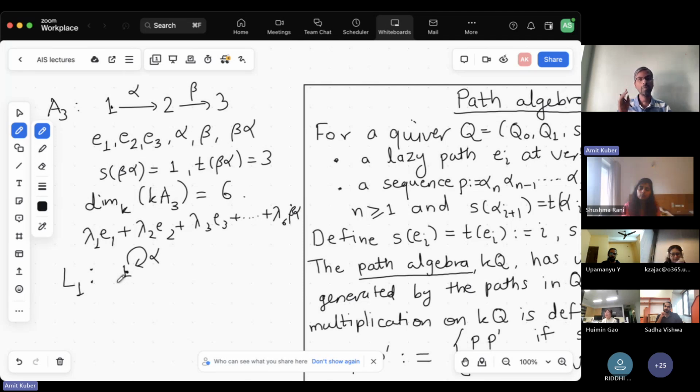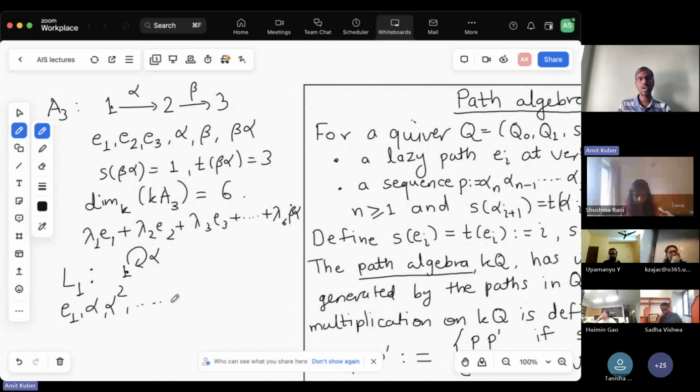Infinitely many paths, and which ones? We'll start with the trivial one, the lazy path, and then alpha, alpha square, and so on.